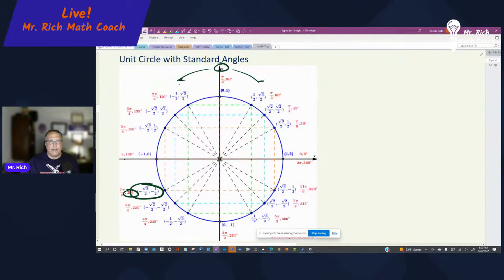I know that all the denominators have 2, and I know that all the numerators are square rooted. Those 1, 2, 3s coming down and 1, 2, 3s coming back up, they're all square rooted. And of course, the square root of 1 is 1, so I don't have a square root on the 1, obviously. And I also know that my x values over in the second quadrant are negative while the y values are positive.